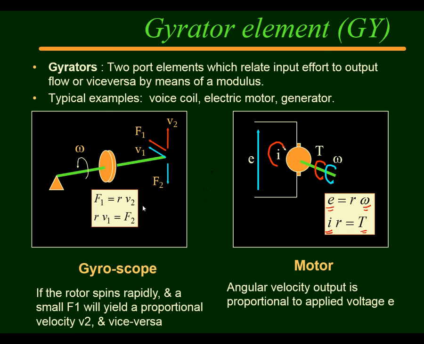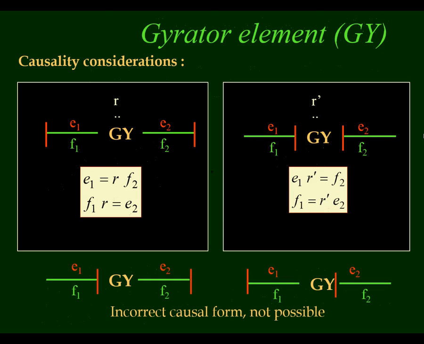You can see clearly this is a velocity here and this is a force, so it's related that way. Or in here, the effort is proportional to R times omega. Okay, so those are the last elements.